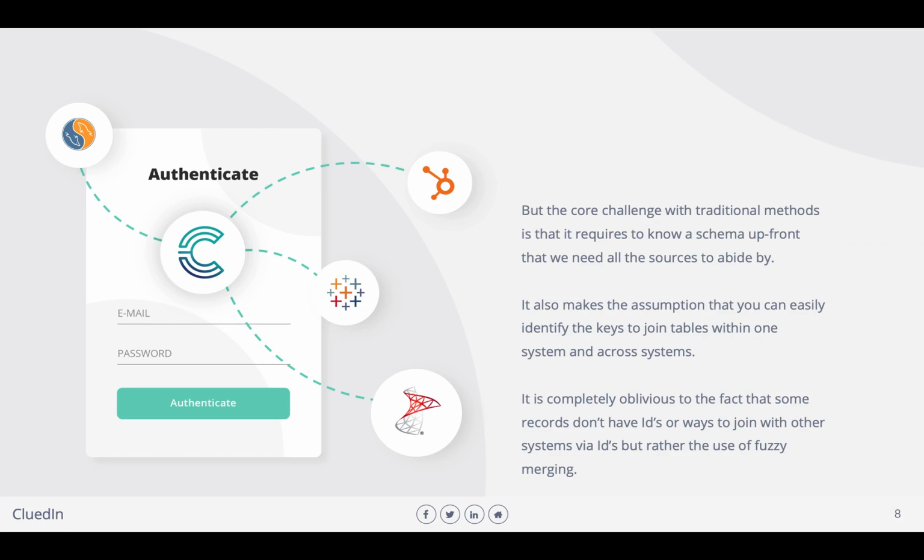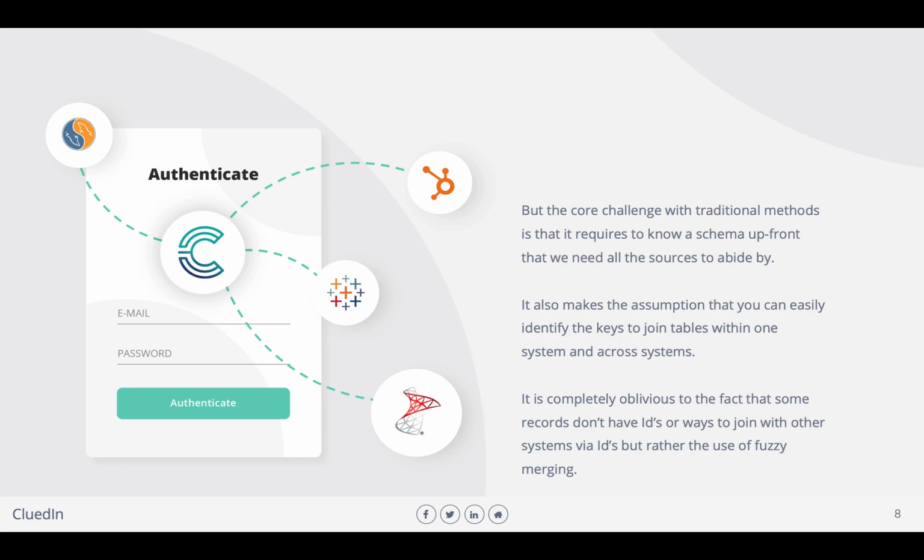One thing that becomes very obvious as well is that a majority of the integration patterns are quite oblivious to the fact that in many enterprises, there aren't IDs that are available. And there is the need to join across different systems in a slightly more fuzzy type of approach.